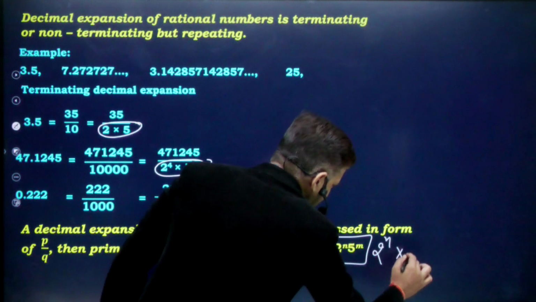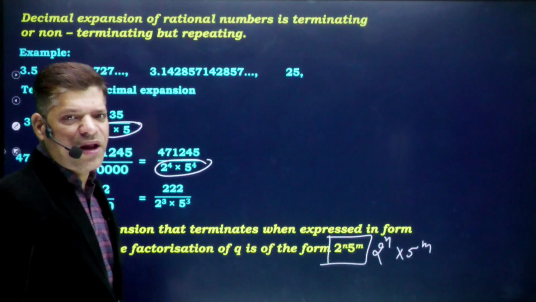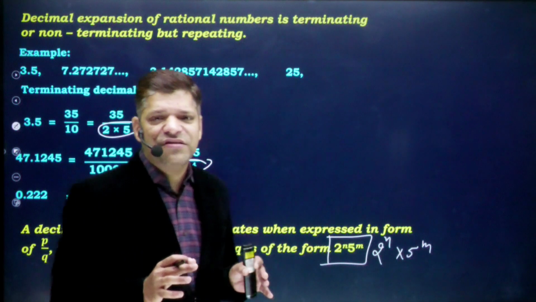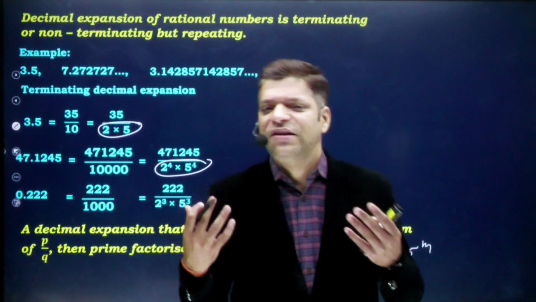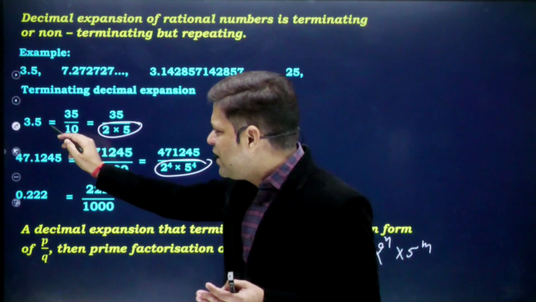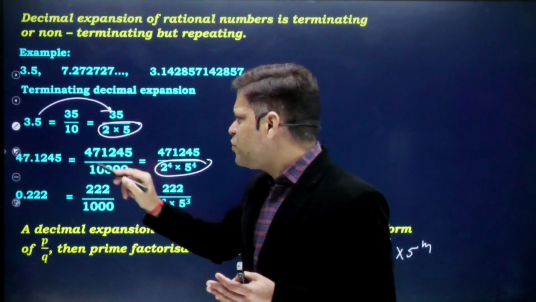What is the meaning of that statement? We are given a decimal expansion, and firstly we express this decimal expansion in the form of p by q.